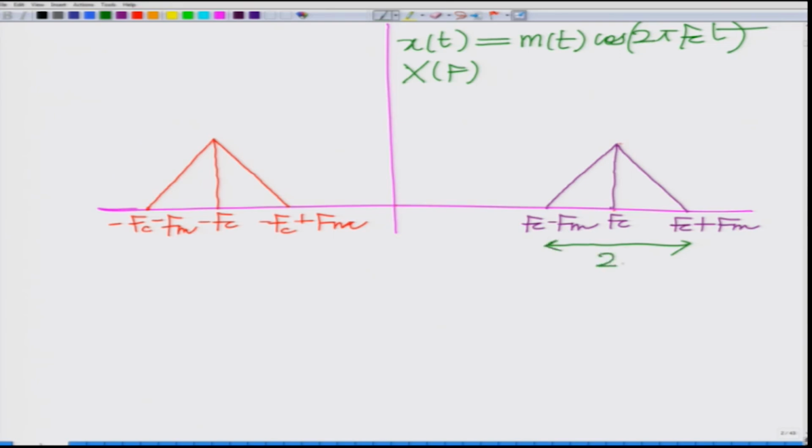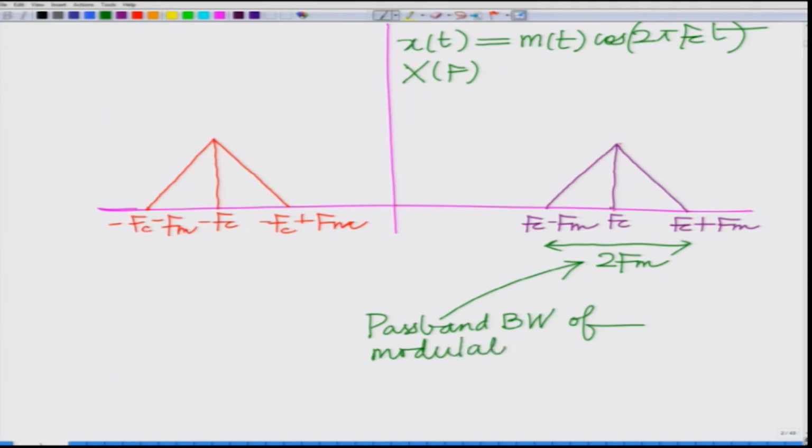The passband bandwidth of the modulated signal equals 2 Fm.